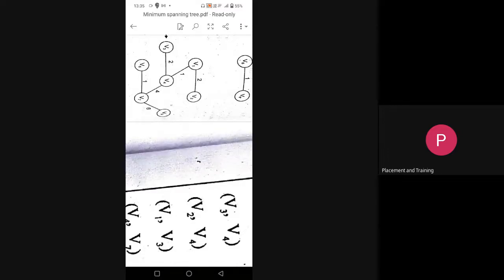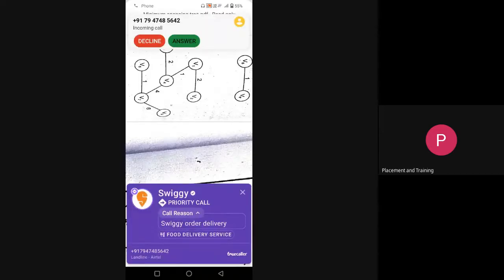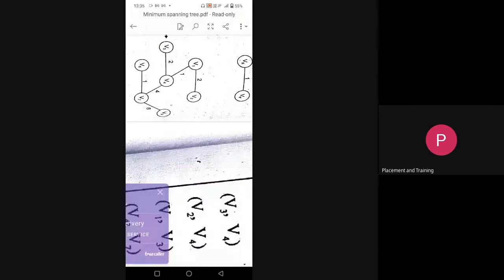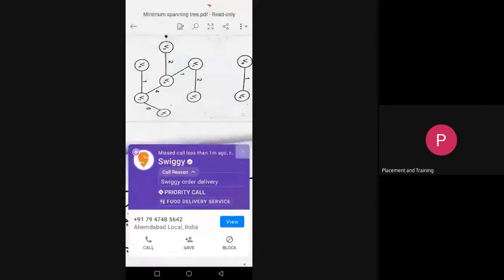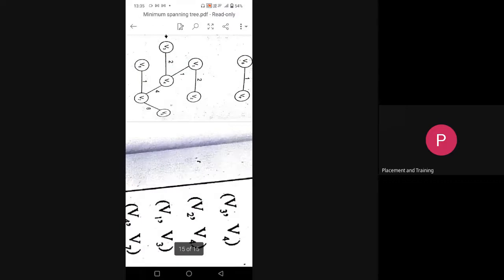This is going to be my Kruskal's algorithm. I just repeat it: Kruskal's is a greedy algorithm. Here, I first find out what my points, that is my vertices, are that I have to visit. Second, I identify the minimum distance.